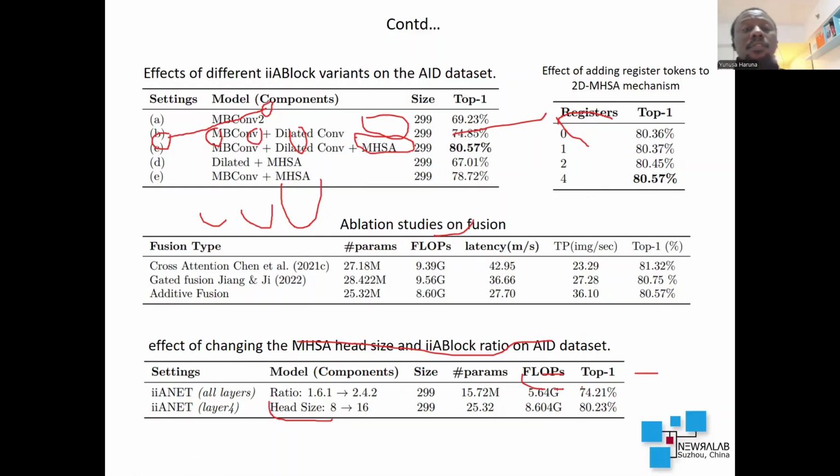We tried different fusion methods, and we used cross-attention fusion, and you can see the parameters increased. We also used a gated fusion, and here too you can see an increment in the learnable parameters. But we used additive fusion, which is just to concatenate and reshuffle them, just like ShuffleNet.